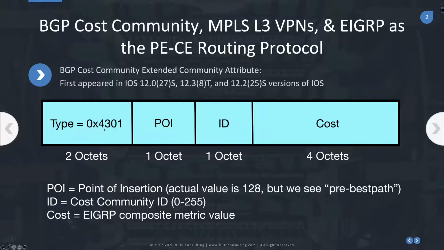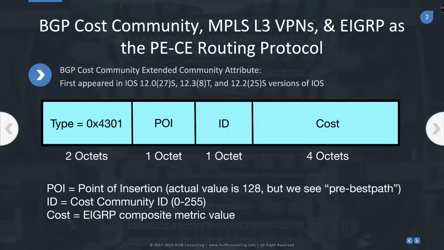Again, the type value indicating, hey, this extended community attribute is the BGP cost community, and that's how it's identified, 0x4301. Again, the point of insertion, the value is 128. We're going to see pre-best path. So pulling it back to the conversation about the BGP default best path selection algorithm, that document that we saw a second ago, and what happens when the value for the point of insertion is 128.